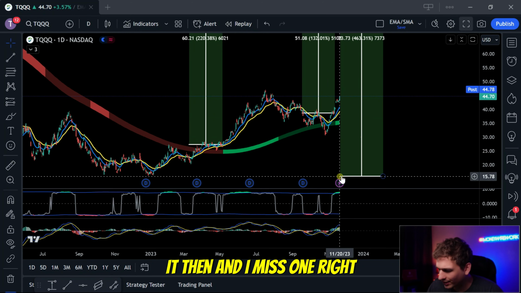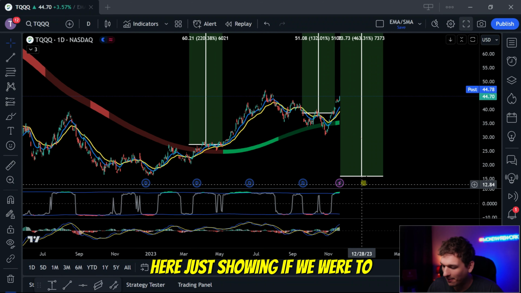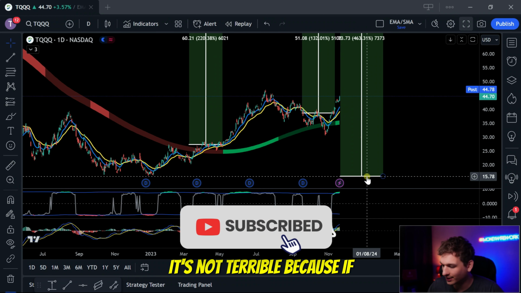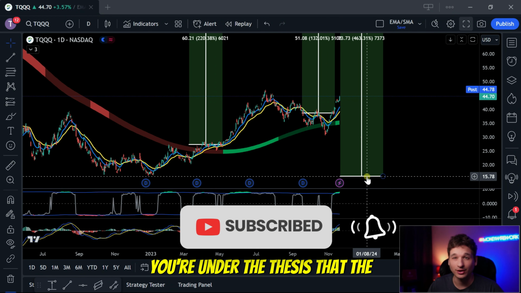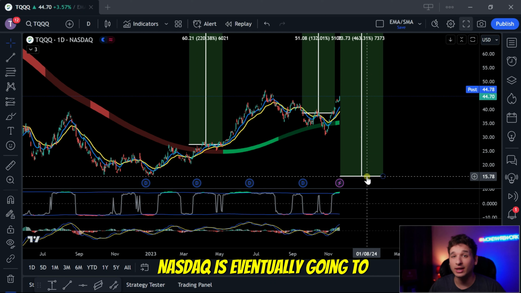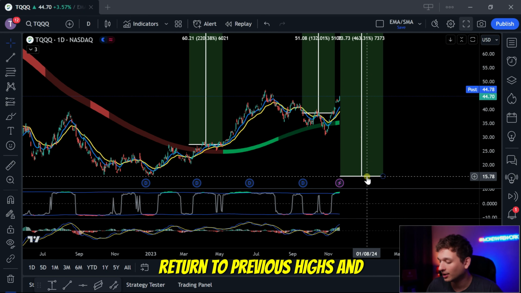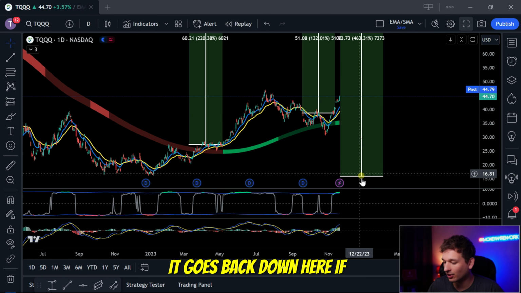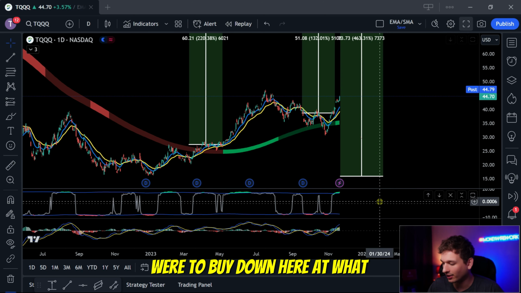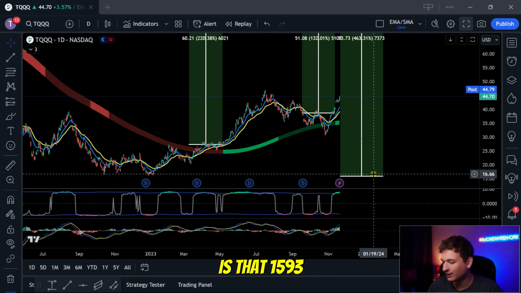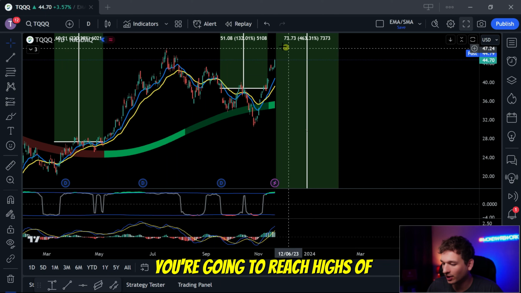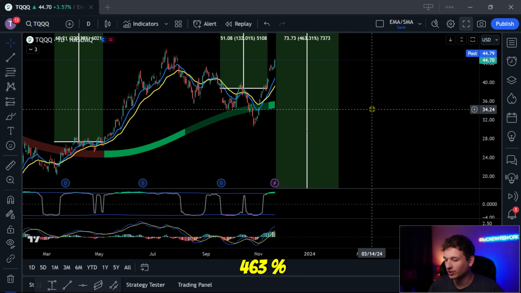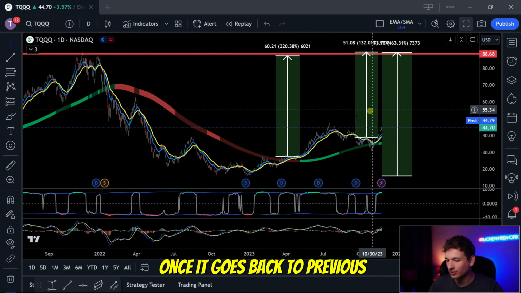And then this one right here, just showing if we were to go back lower, it's not terrible because if you're under the thesis that the NASDAQ is eventually going to return to previous highs and it goes back down to here, if you were to buy down here at 15.93, you're going to reach highs of 463% once it goes back to previous highs.